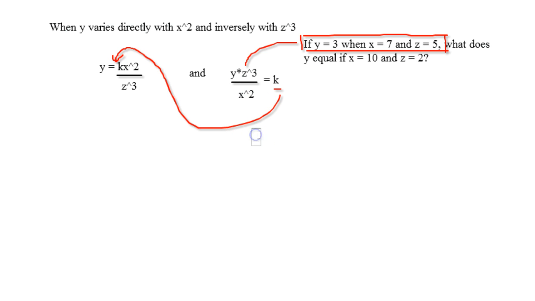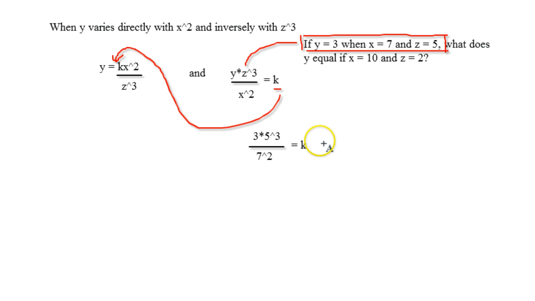So we plug in everything. So 3 times 5 cubed is going to be up top over x squared, which is going to be 7 squared, and this is going to be equal to k.